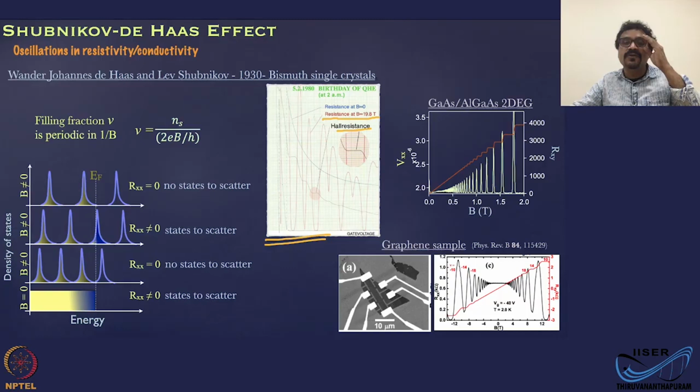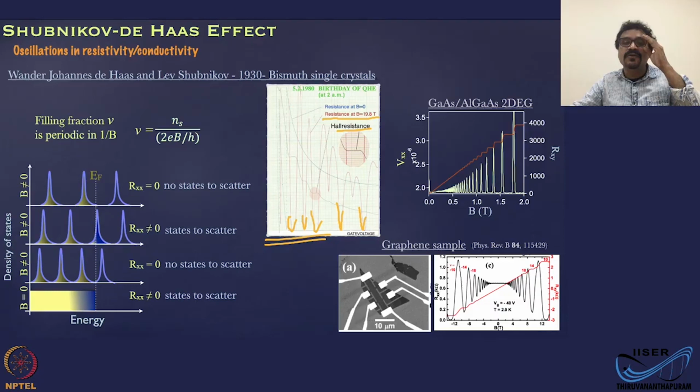Now that is what is plotted here as the red curve, and you can see all those red curves have an oscillatory behavior, and it actually goes to a pretty low value in resistance. That is what we call the Shubnikov-de Haas oscillation.